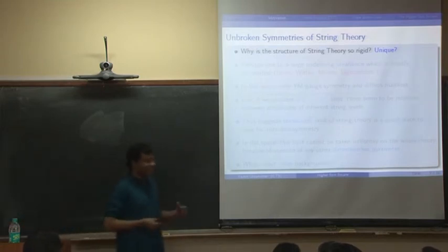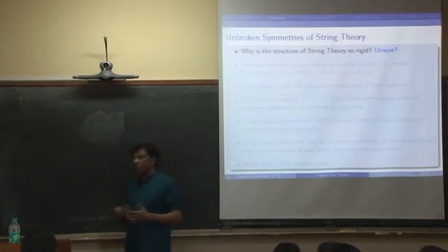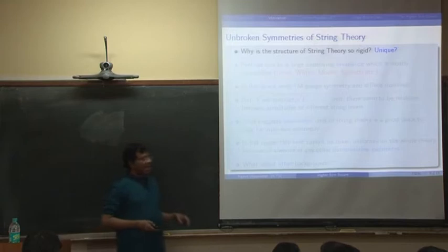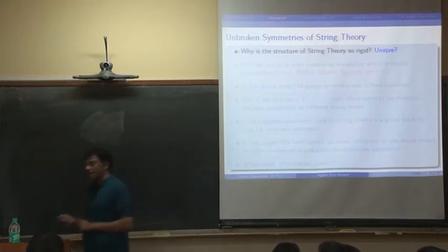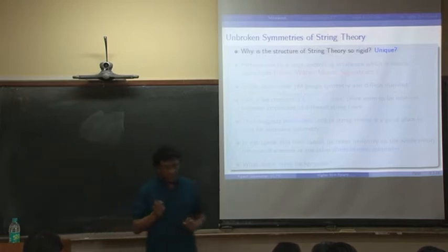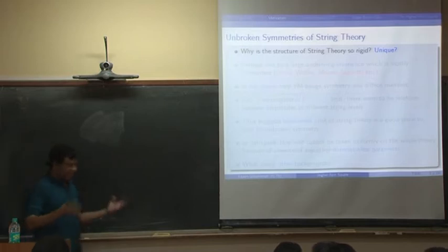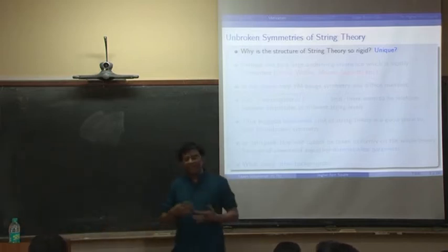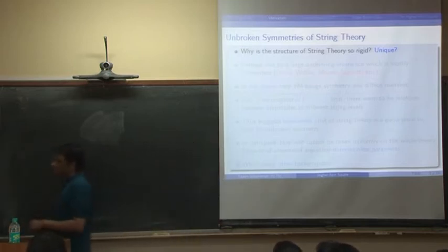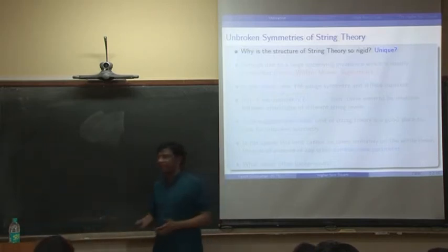You cannot tinker with it very much, and you would spoil all its good features if you try to do something stupid and change things a little bit. But this rigidity is not manifest in the formulation. It's just that there are a certain set of rules that you follow, the rules of string perturbation theory in terms of Riemann surfaces and so on.